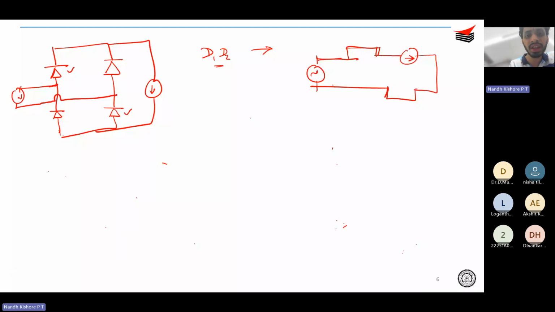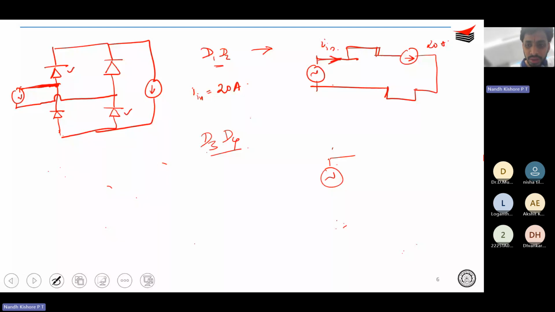Yes, so this is the circuit you end up with, and over here you have your In. So what is In when D1 and D2 are on? In is equal to 20 amperes. Now what is In when D3 and D4 are on? You come over here and then this diode is on, so you have something like this.